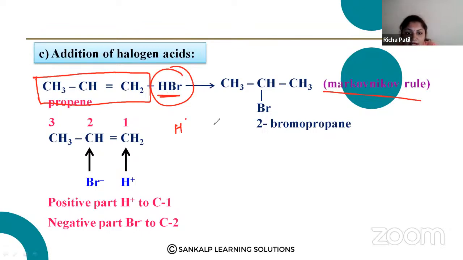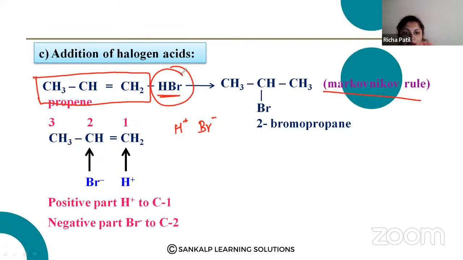This is H plus and this is Br minus, right? So this is Markovnikov's rule.